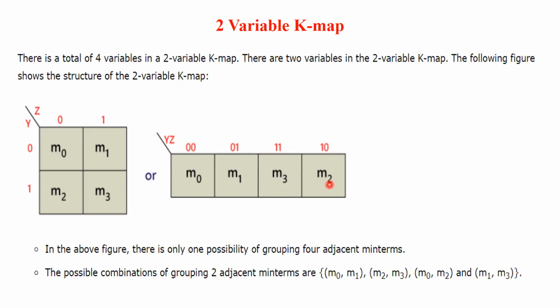Yes, ma'am. Now see, how do I group these adjacent min terms? Just see an example over here, m0 m1. I can make a rectangular grouping, so I can club these two together.